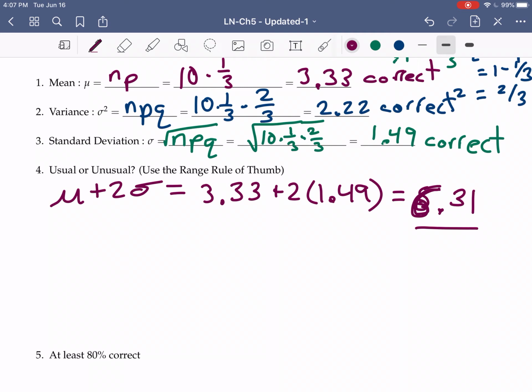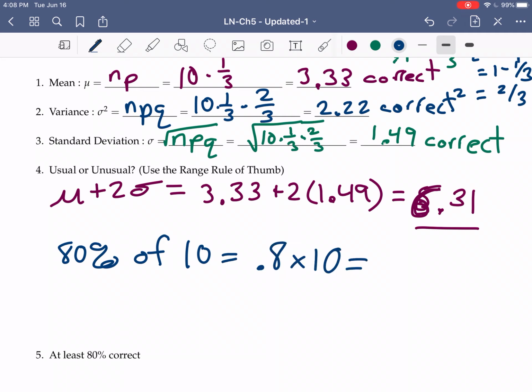So 6.31 is this value. With an 80% passing value, 80% of 10 is 0.8 times 10.